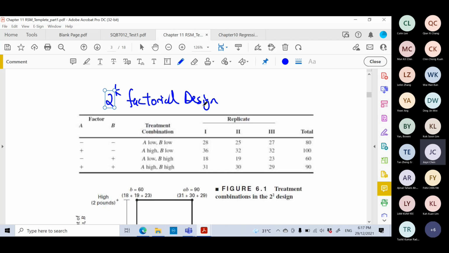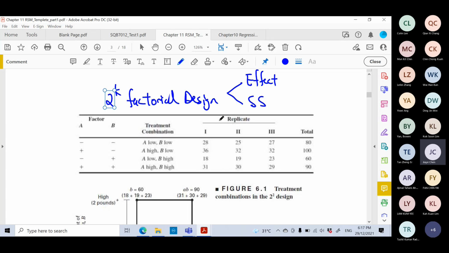Under the 2 power of k factorial design, I have taught you how to calculate the effects and how to calculate the sum of squares, using the contrast. Using the contrast, you can get the effects and the sum of squares. So now we want to form the equation.